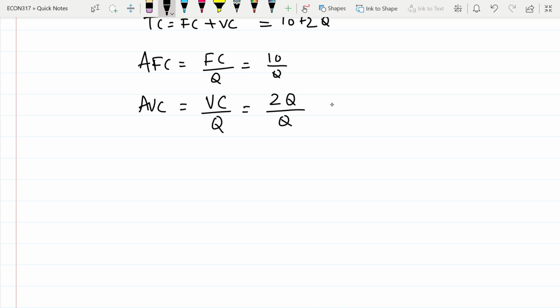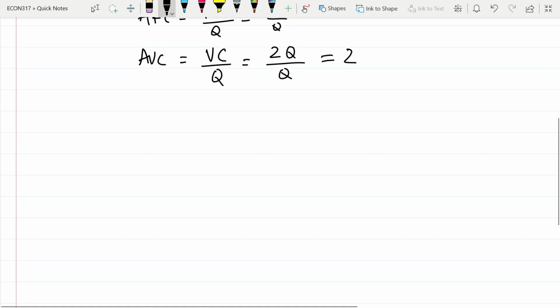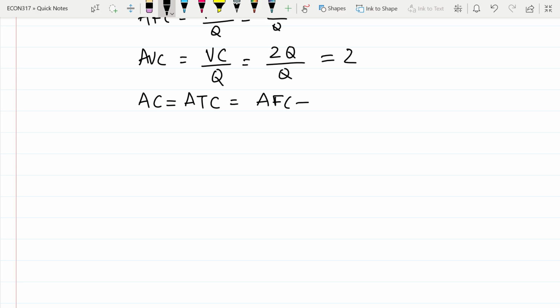I divide by Q, I get 2. I could add these two to find the average cost, which is also sometimes referred to as average total cost, which is the sum of average fixed cost, 10 over Q, plus average variable cost.